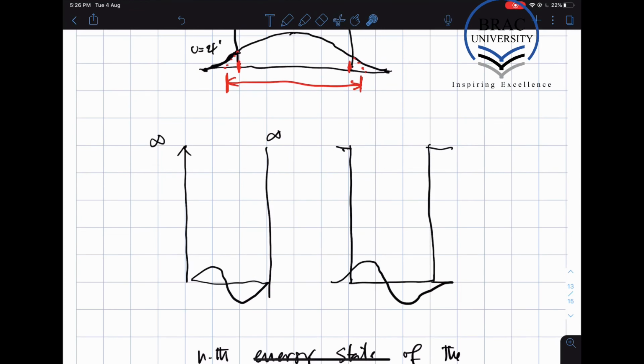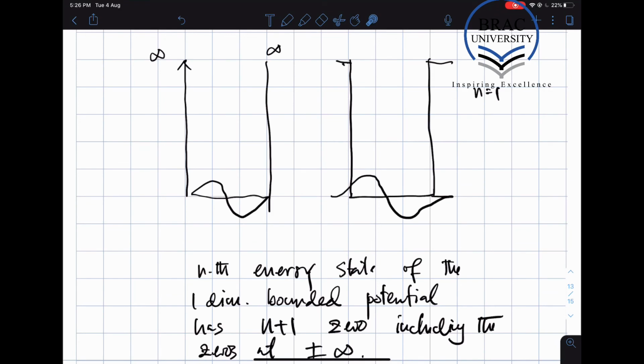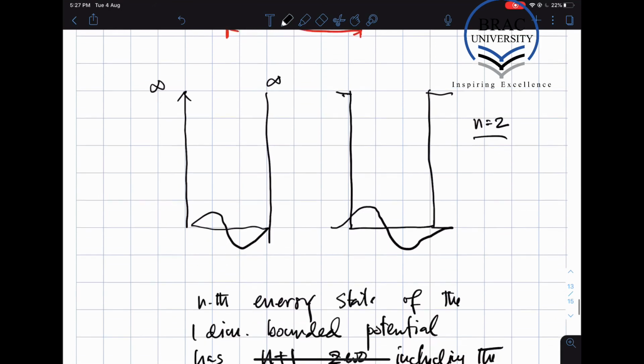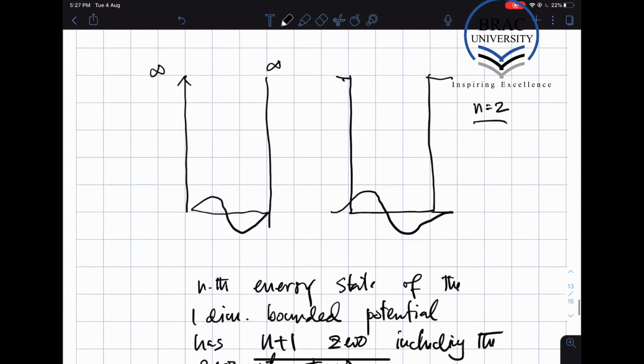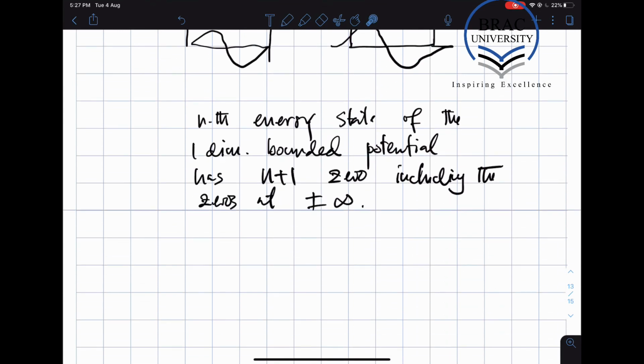Whereas the first excited state, n equals 2, has 3 zeros. So this is a general feature of bounded potentials that we have to keep in mind. It's actually a theorem, and it is independent of the form of the potential. So this is valid for all one-dimensional bounded potentials.